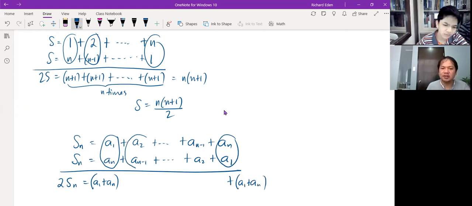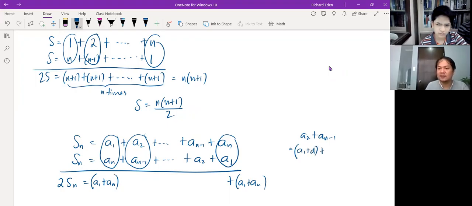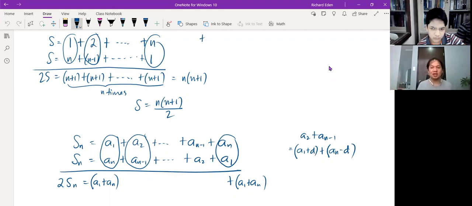And then for the second column, if you look at a sub 2 plus a sub n minus 1, a sub 2 is the term after a1. So a1 plus d. A sub n minus 1, on the other hand, comes before a sub n. So that's a sub n minus d. So starting from the leftmost and rightmost extremes, a1 and an, to get to a2, you have to add a single d.